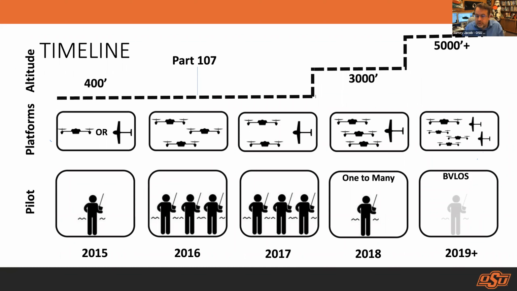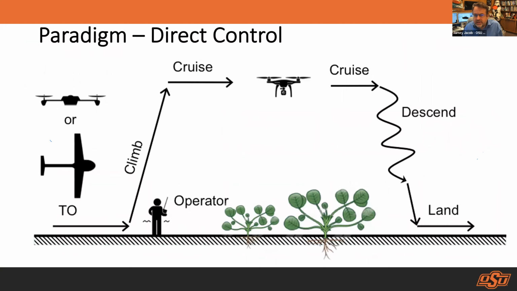Now, this has essentially expanded from this paradigm that we talked a little bit about earlier, where we go from a direct control operation where the operator is essentially commanding what the vehicle is doing throughout the entire flight.